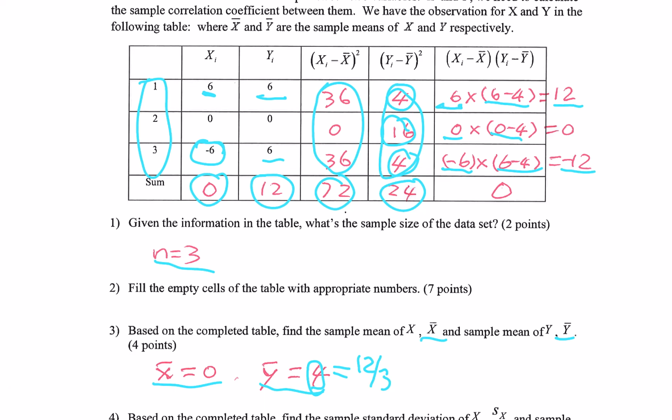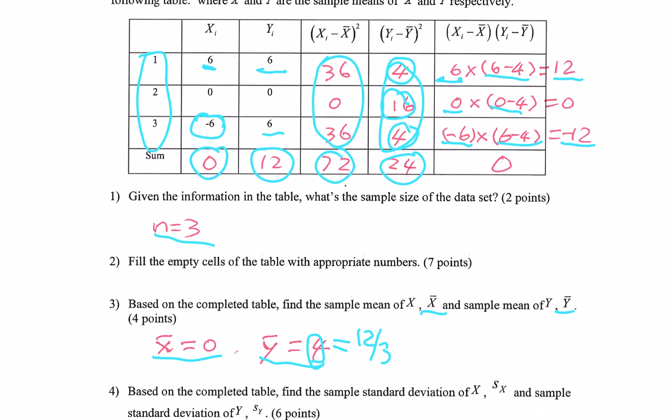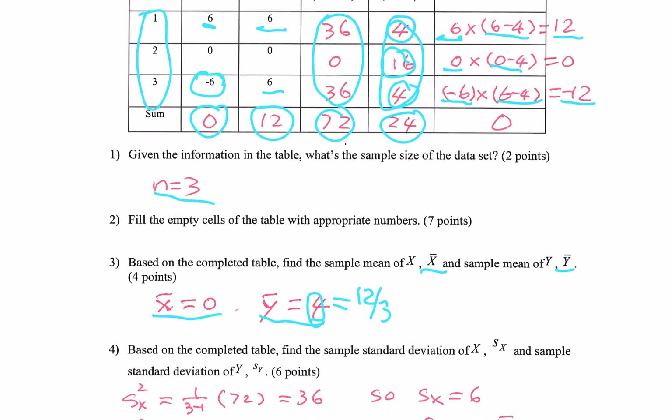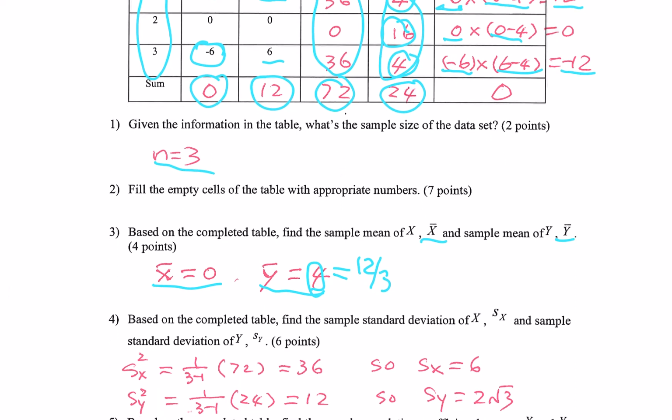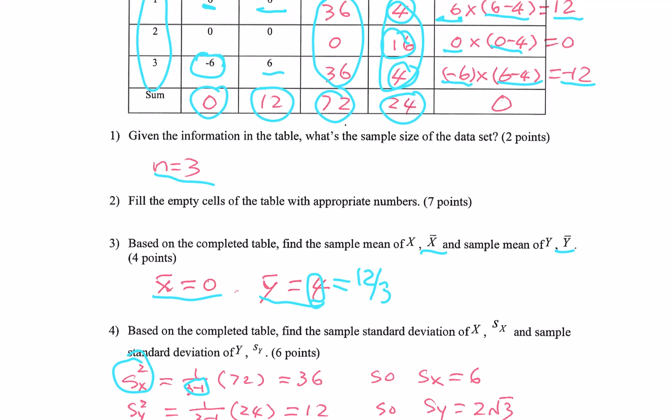Okay. Now, based on the completed table, we calculate S, because S is the standard deviation of X, right? So we have to calculate the variance of X. Variance of X by the formula is going to be 1 over n minus 1, here is n minus 1, and then the squared deviation, that's exactly this 72.